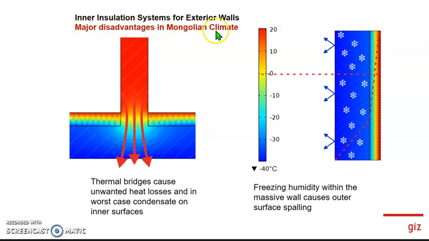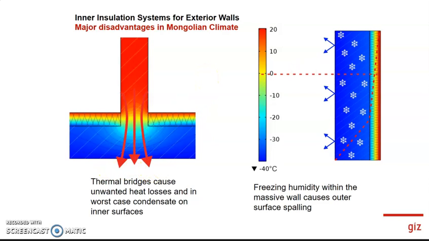Major disadvantages in the Mongolian climate if you do the insulation inside the building, so inner insulation. Thermal bridges cause unwanted heat losses and in the worst cases condensate on inner surfaces. As I mentioned in one of the first slides, inner insulation makes it very difficult to get rid of thermal bridges.